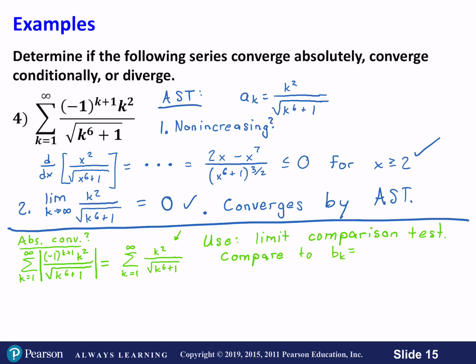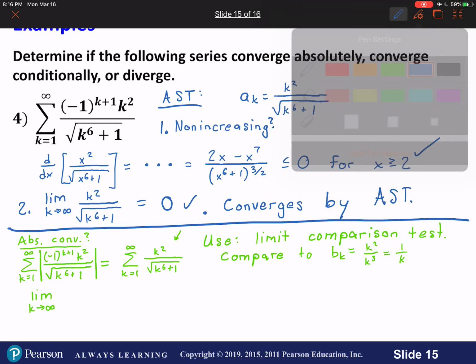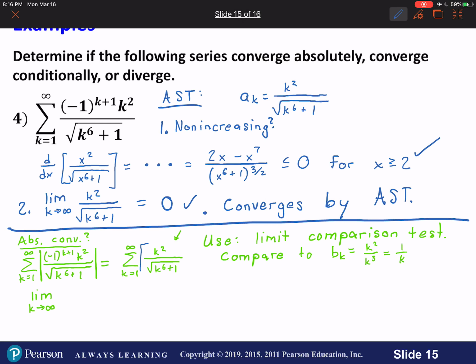So k squared over square root of k to the 6th is approximately k squared over k cubed, which is just 1 over k. So let's take a limit. We're going to take the limit of, let me define a_k to be this thing.